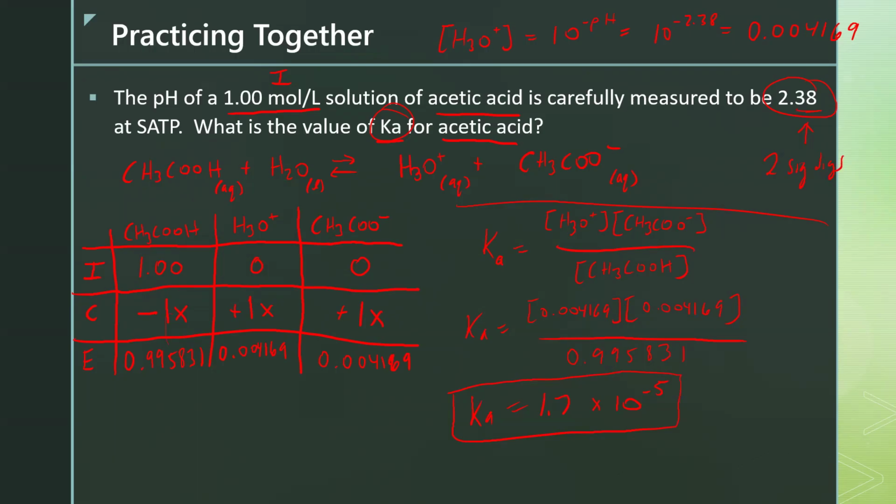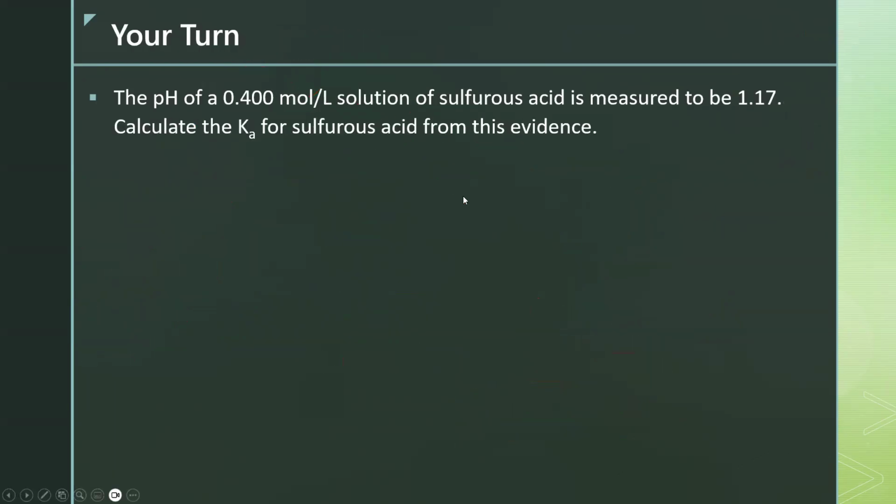We have to work with that, right? It's pretty darn close, but we still got to work with it. So anyway, that's how we find Ka just from scratch. Because they gave us initial stuff here, we have to use an ice chart. Ka is all about equilibrium. In order to jump from initial to equilibrium, you got to use an ice chart.